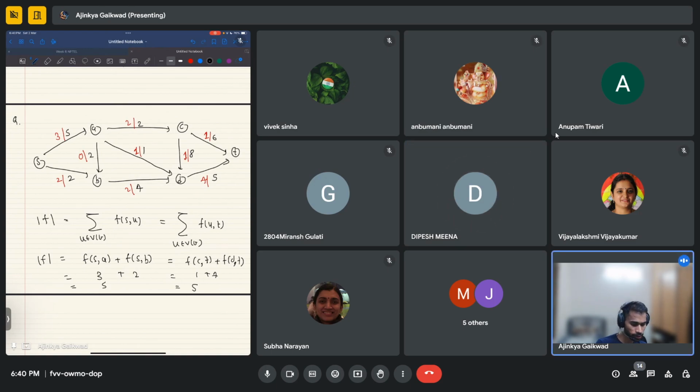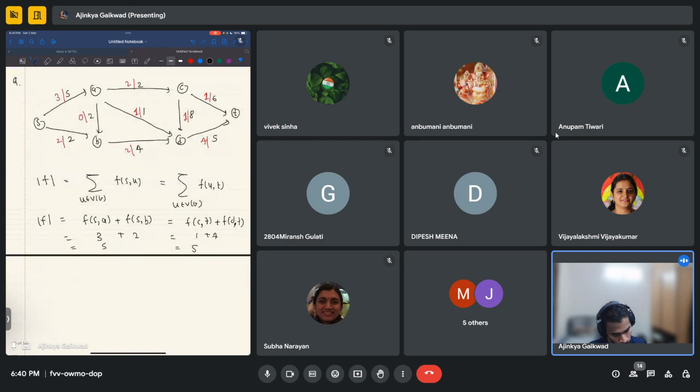Okay, so let's try to draw one more flow. This is my next question, and I think it will answer your question also. Here in this case, I drew these red numbers which show a flow from S to T of size 5.